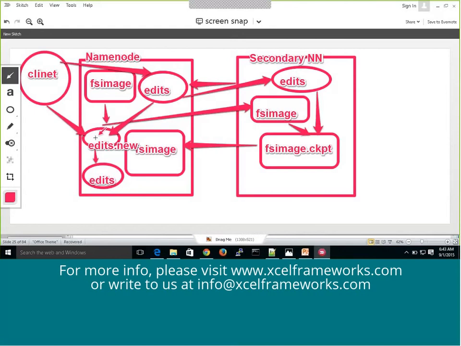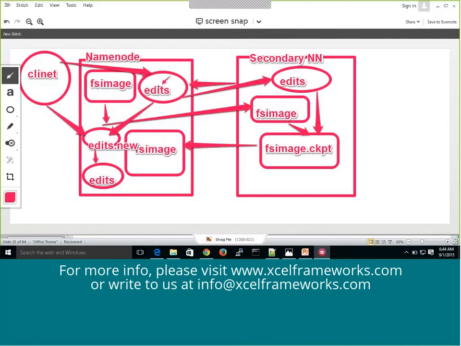Now I have only the edits.new file here, and the fs image and edits file are there. Now these will be combined together and made into a checkpoint image. Your fs image and edits will be combined, and this checkpoint is copied back into the name node. So now I have a bigger fs image file containing all the incremental additions, all the metadata within your edits file.